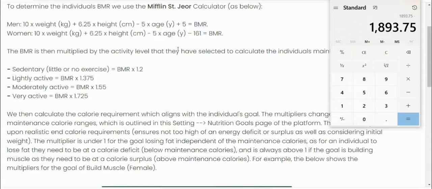Let's say this person is 35 years old, so 5 times 35 is 175. And then we have another minus 161, right? So 1,557.75 is this particular person's BMR, or basal metabolic rate.